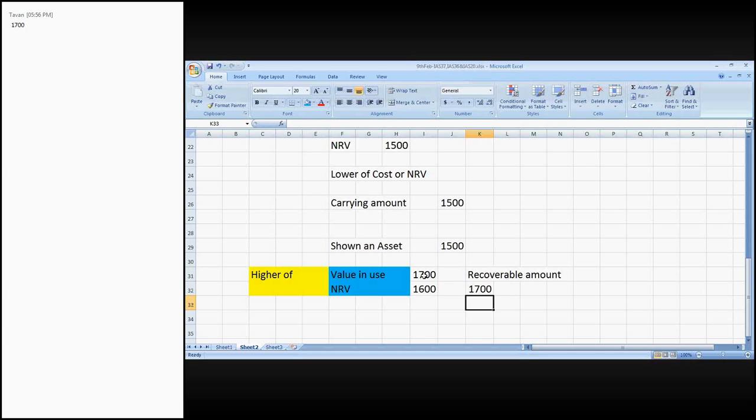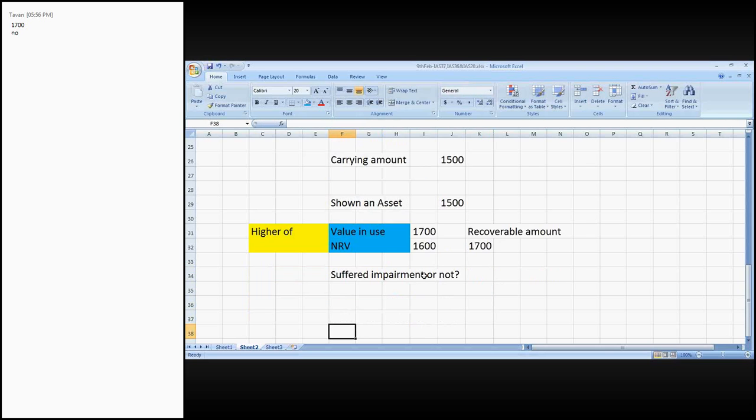So can you tell me whether this asset has suffered impairment or not? No. Because the carrying value is lower than the recoverable amount, I can recover more money than the value at which I have shown it in the books. Yes. Now at what value will you show the asset after this impairment testing?